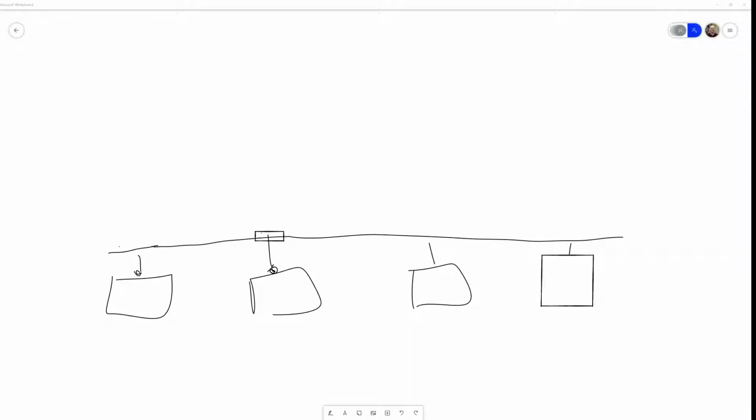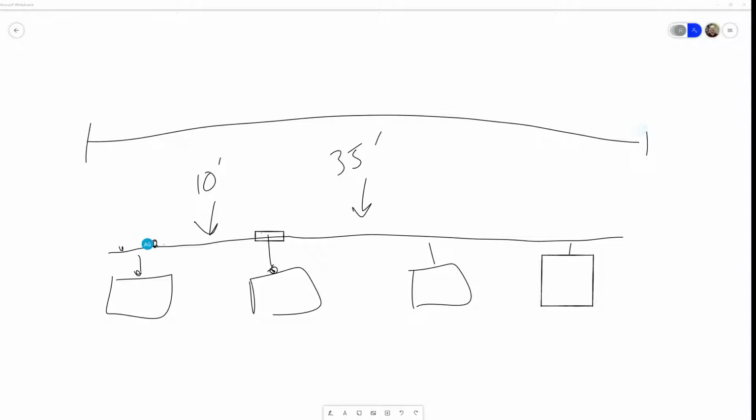And then segments of the cable, this could be a 10-foot segment, this could be a 35-foot segment, doesn't really matter. But there was a limit to how far this thinnet could go. We're not going to spend a whole lot of time on this, but I just want to describe it. There was a terminator here and a terminator here, and not all these computers could talk to each other at once.